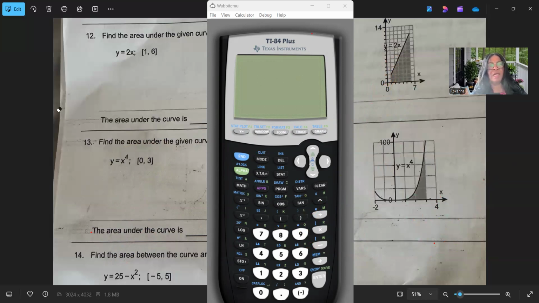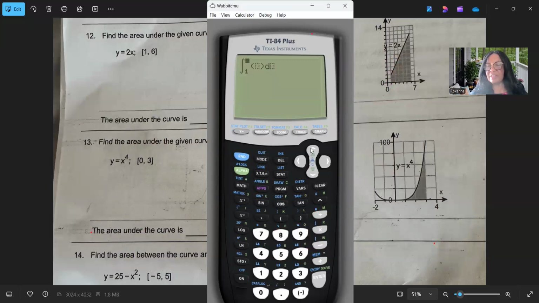So I'll turn on, and where do I go? Go to math, look for fnInt. fnInt is number 9. And it's asking me, what is the lower bound? The lower bound this time is 1. What is the upper bound?